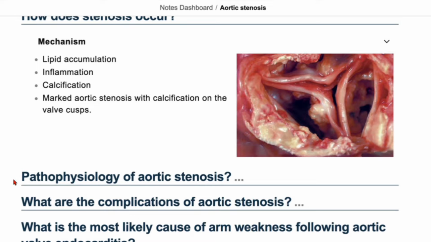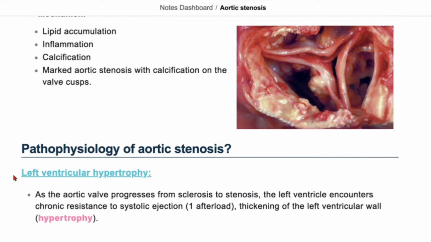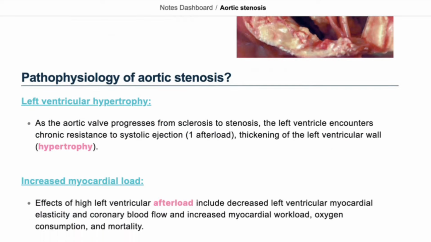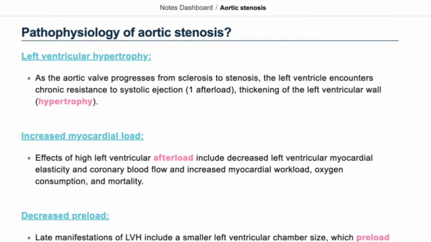Because of that increase in afterload, you then over time get reduced elasticity of the left ventricle, and that reduces your coronary blood flow, and subsequently coronary perfusion pressure decreases. And then finally, you get decreasing preload, and that subsequently is because of the backflow pressures into the pulmonary vein, and therefore you move from left-sided heart failure into right-sided heart failure, and subsequently get cor pulmonale.